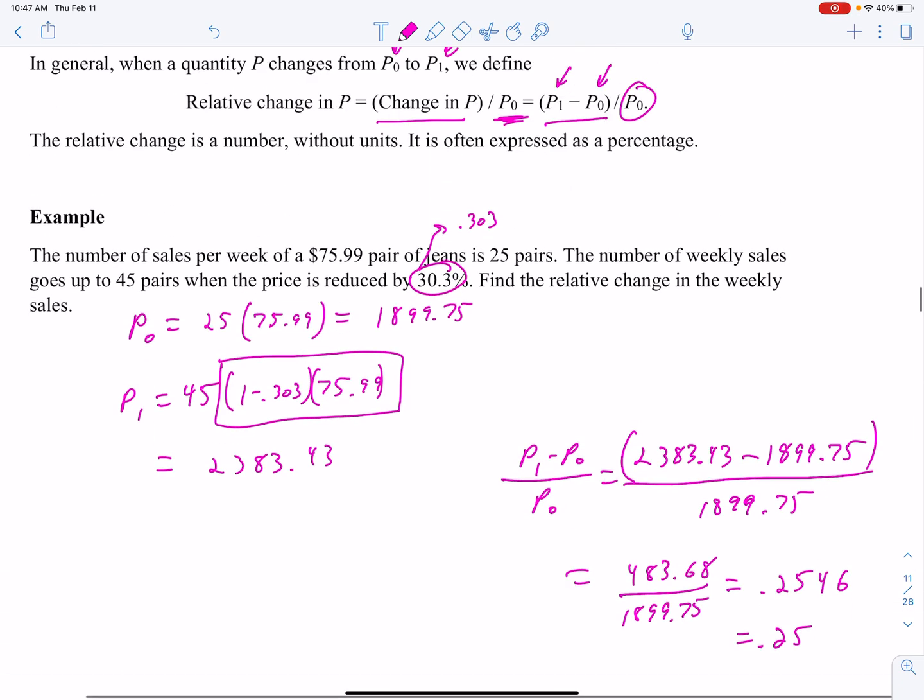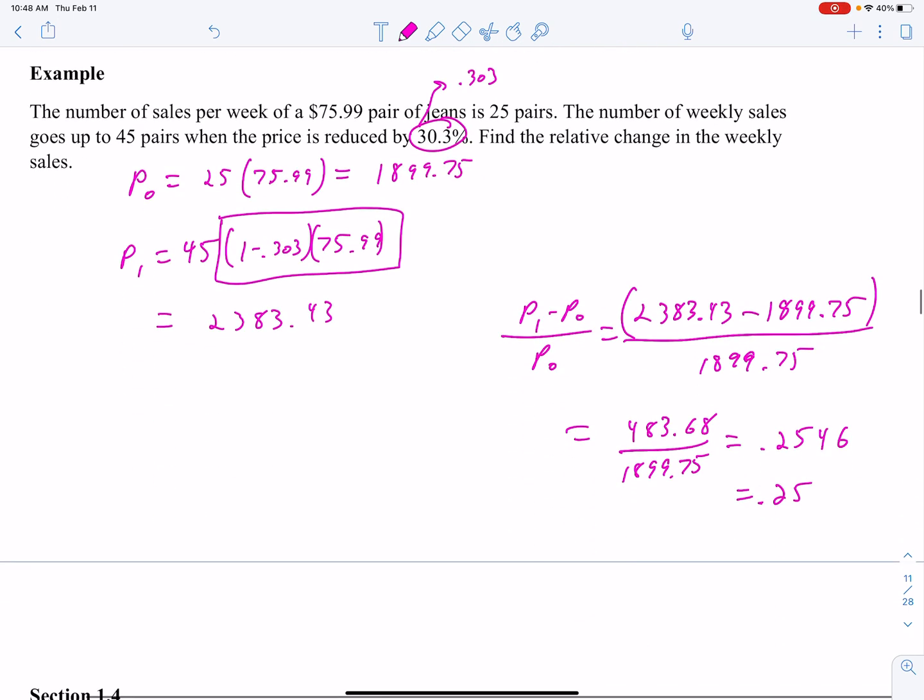And it said usually express it as a percentage, so 25%. So it's positive, right? So that means it's an increase of 25%. So even lowering the price makes more money for them, right? Because they're going to sell more units.